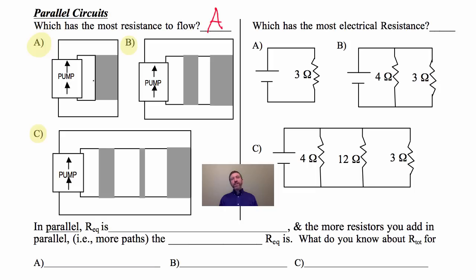Another analogy is, let's say we have a bunch of seniors on, say, May 28th or something like that. We've got a bunch of seniors all in here, and let's go ahead and draw them in there. They're trying to get out of school, and this is the door to get out of the school.